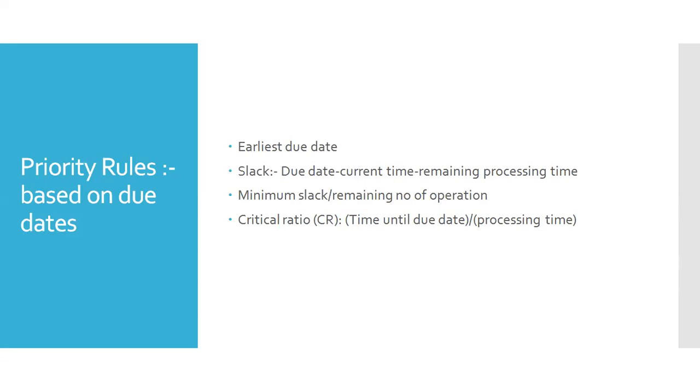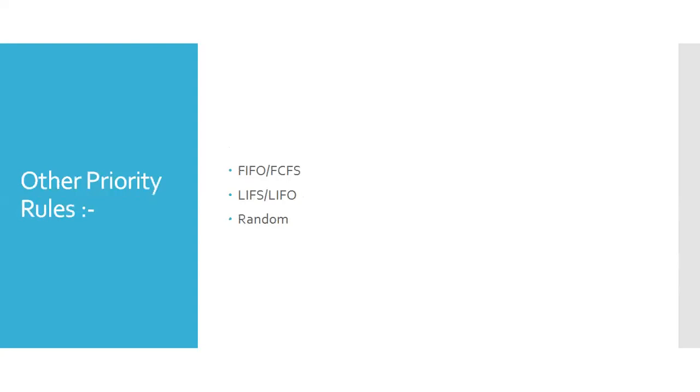CR means the critical ratio, that is time until due date divided by the processing time. And then the other priority rules like first in first out, first come first serve, last in first serve, and last in first out. That is FIFO, FCFS, LIFS, and LIFO meaning last in first out, and then random.